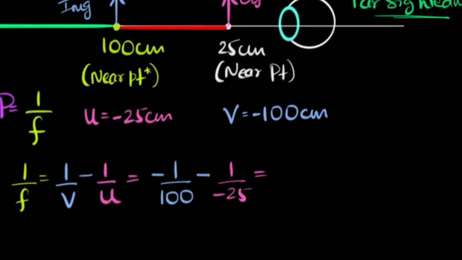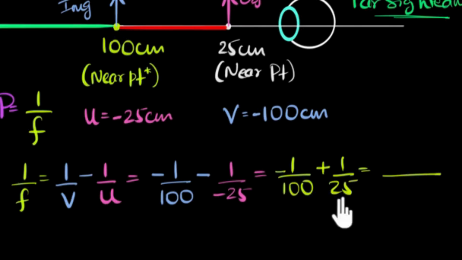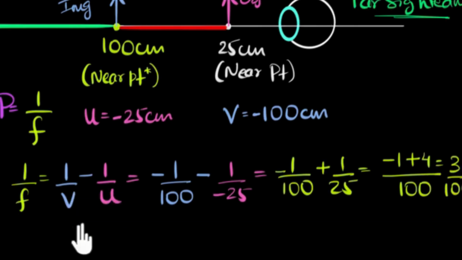If you solve that, you get negative 1 over 100 plus 1 over 25. Take 100 as common: minus 1 plus 4, that gives us 3 over 100. The focal length is the reciprocal of that, so it's going to be 100 over 3. We'll just keep it as it is. So this is the focal length.